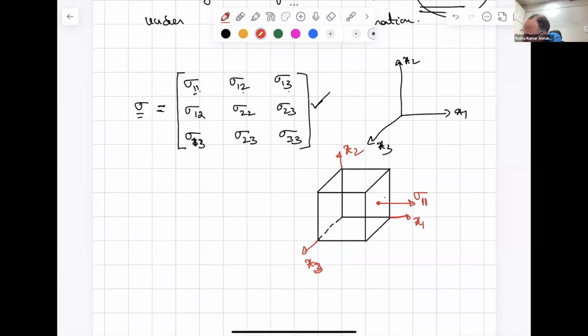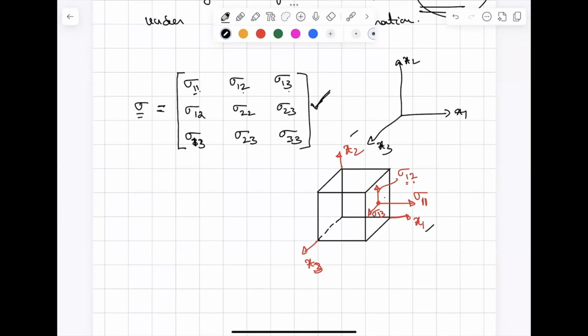So this is sigma 11. This is the shear component, then this is sigma 12, 1 is normal, 2 is the direction in which it is. And this is sigma 13, right? So whenever I am writing these components of my tensor, I would have defined my x1, x2, x3 coordinate system. Is that clear?